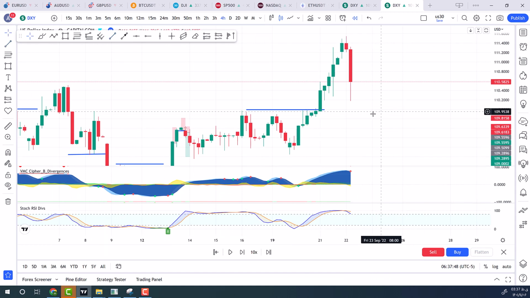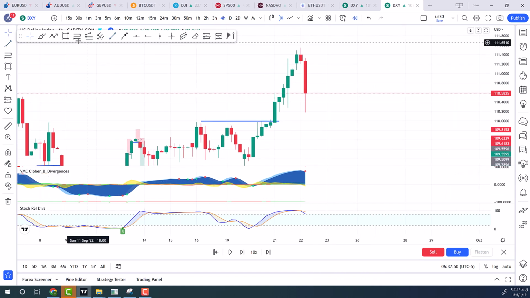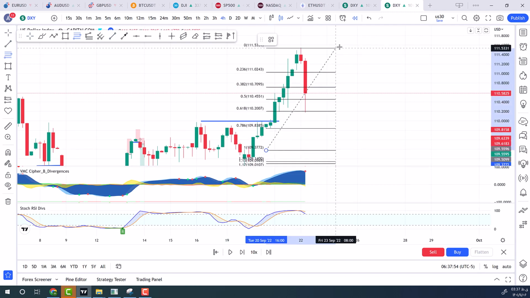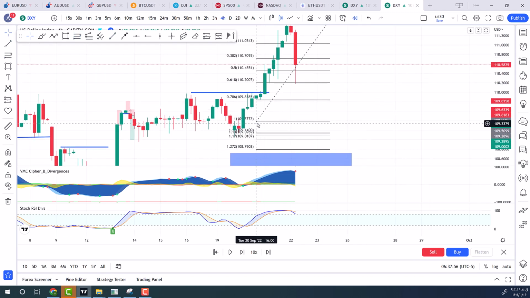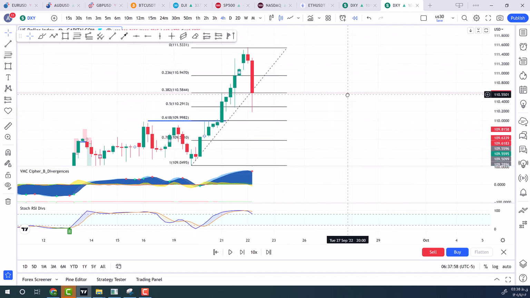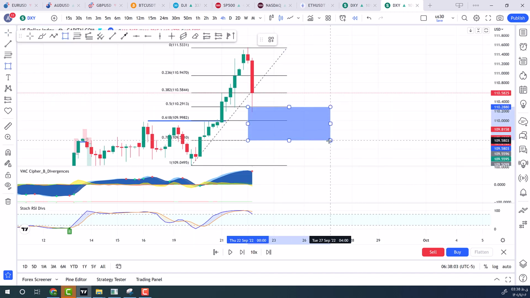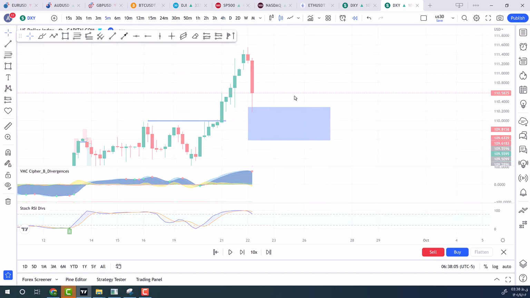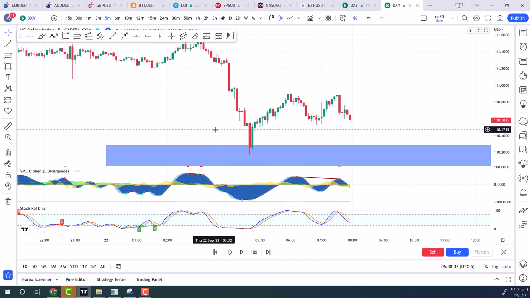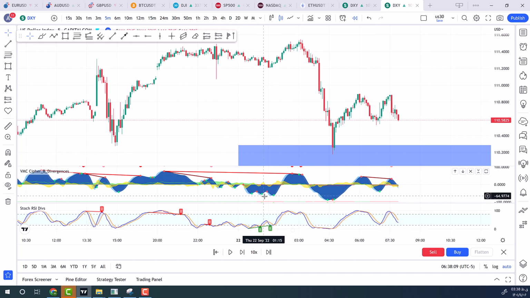Here is our break of structure, and the other thing is that we pull our Fibonacci from here to here, and from 50 to 78 is our box. We go to 5 minutes and we try to find our divergences.